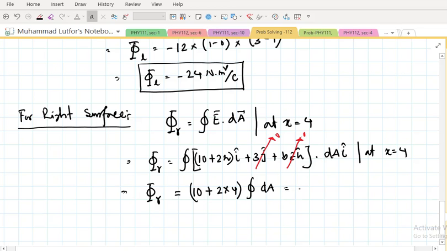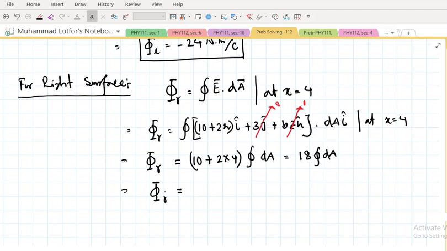Then I'll find out this would be 18 dA. Now this phi r would be 18 into area. For the right surface, you have that variable.